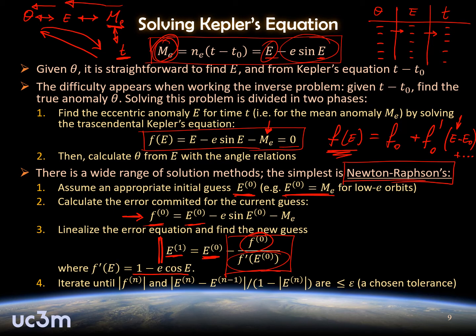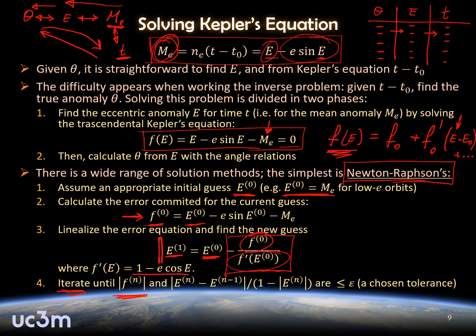So this will not give us the solution either, but hopefully if we are sufficiently close to the solution, the new guess will be better than the previous one. And we can iterate this procedure until we get a match of the solution as good as we want. How can we define what is good enough? Well, we can compute the absolute value of our error in the nth iteration of the process.